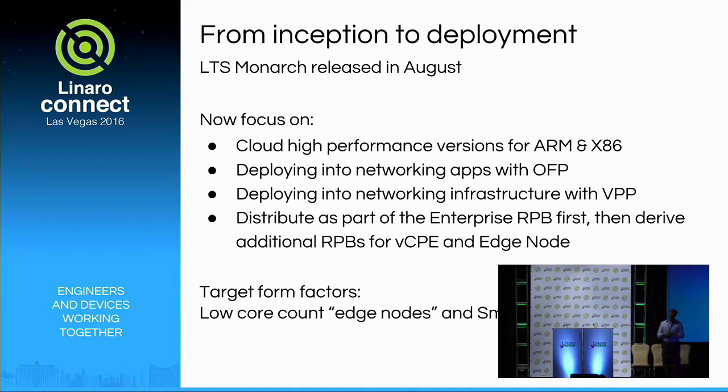We'll also be working on other artifacts for networking infrastructure and to provide what we call reference platform builds, which are a set of packages bundled together to create the basis of a product for a vCPE, or for a telecom edge node, or for other possible reference platforms.